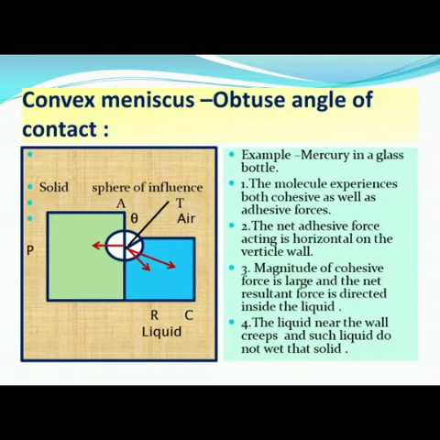Once again, the adhesive force is represented by AP, the cohesive force by C, and the resultant force by R. The tangent is coming vertically outward, which I can't show in this two-dimensional figure, but it is perpendicular to the surfaces. The molecule here again experiences both cohesive as well as adhesive forces.